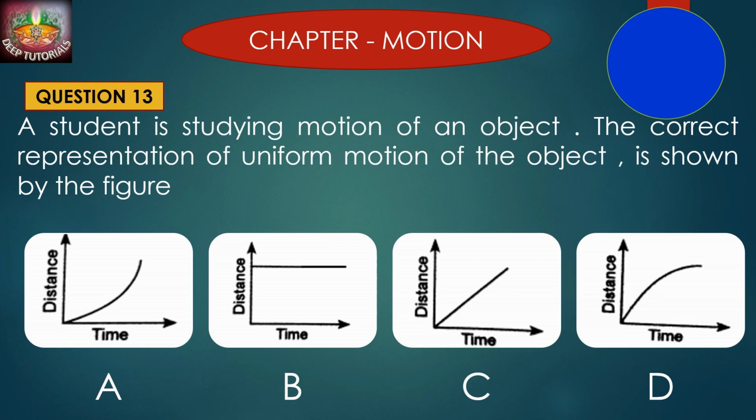Your options are A, B, C, or D. The correct answer for question number 13 is option C, that is a straight line passing through origin.